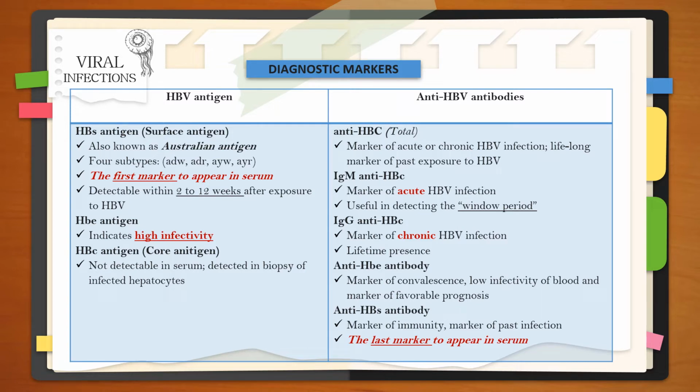It appears as a response of our normal immunologic activity obtained via exposure and via Hep B vaccination. That is your anti-HBs antibody.